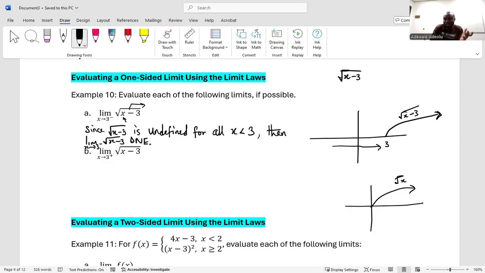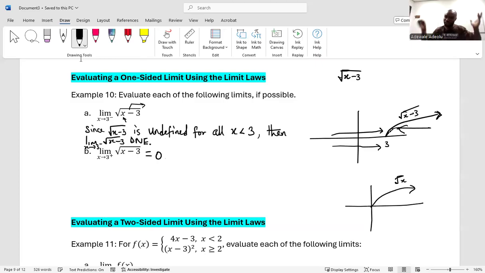Now, look at this. You cannot find the limit as x comes from the left because you don't even have any function here. So it does not exist. However, can we find the limit as x goes to 3 from above, from the right? Yes. And what is the answer? It is 0. It's getting to 0.